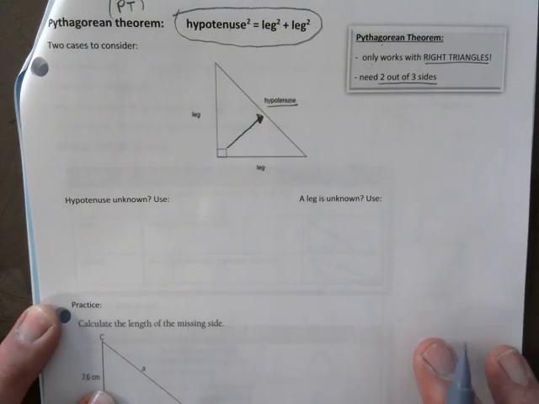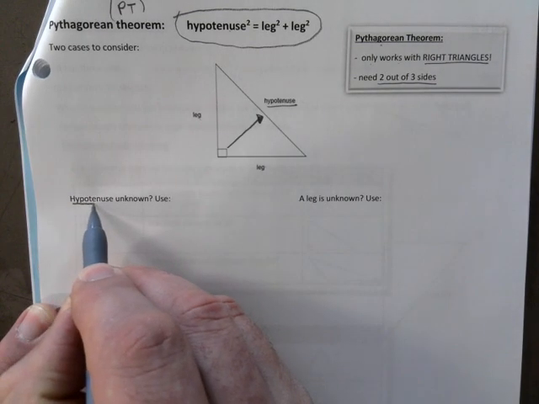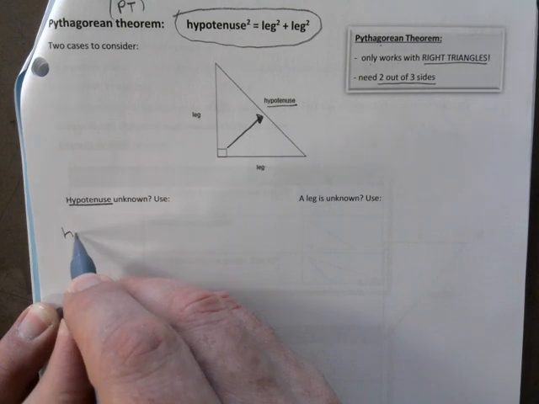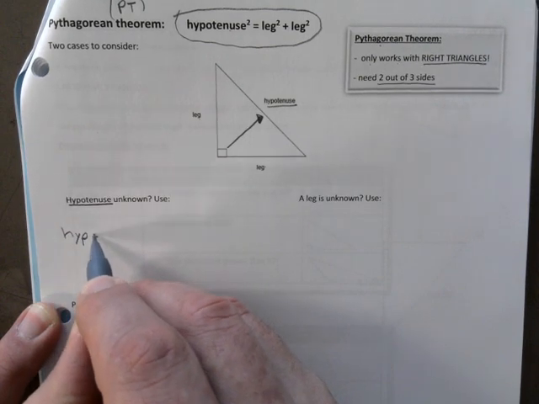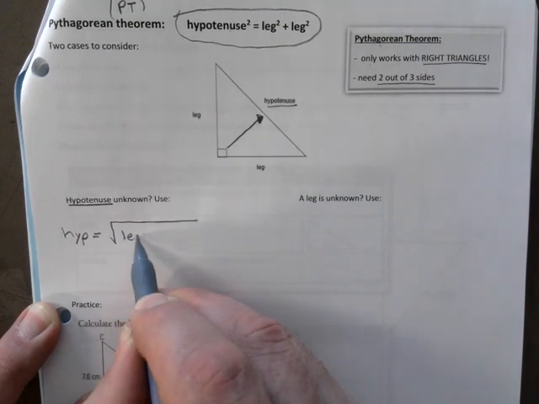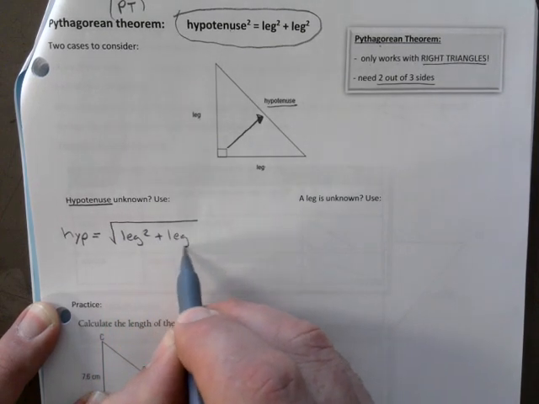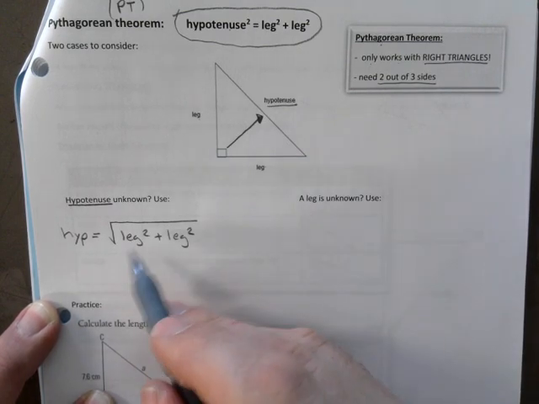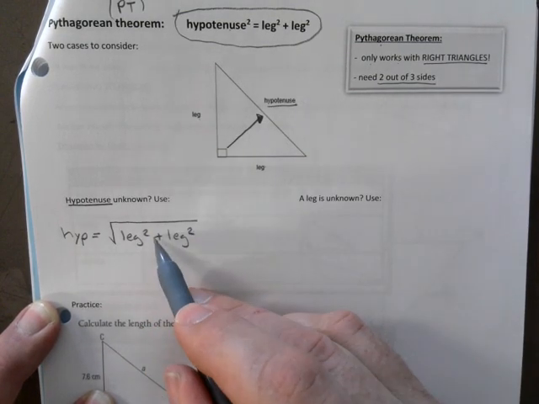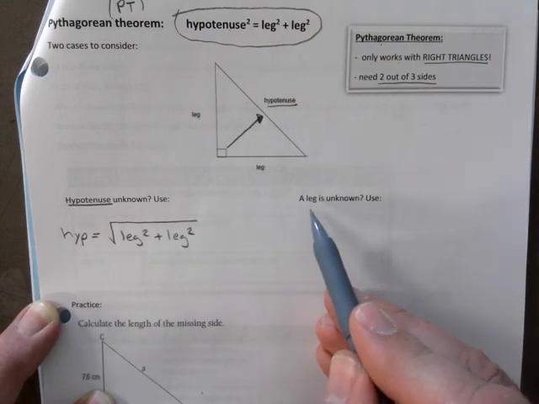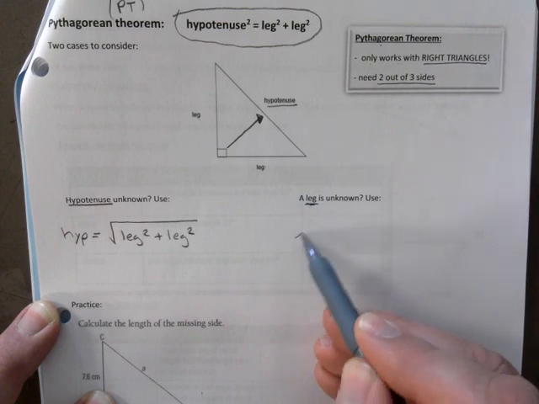So 2 formulas. If the hypotenuse is unknown, you go hypotenuse is equal to the square root of leg squared plus leg squared. And obviously I'm assuming that you're picking the 2 legs, right? The first one goes here, the first one there, square them, then take the square root. If a leg is unknown, you go like this.